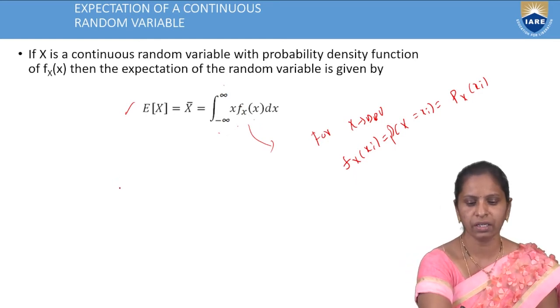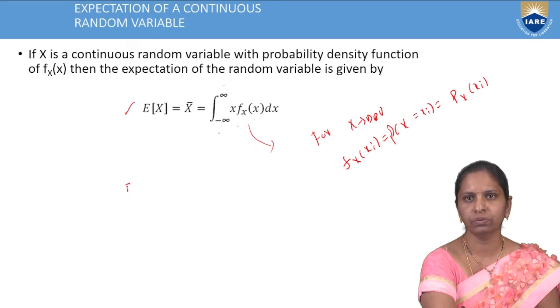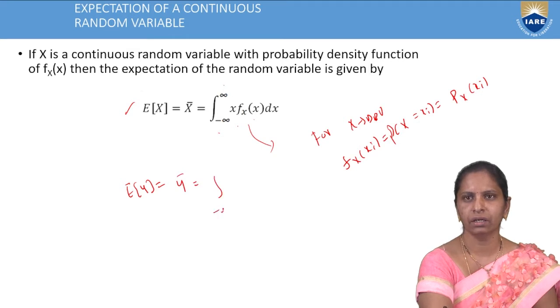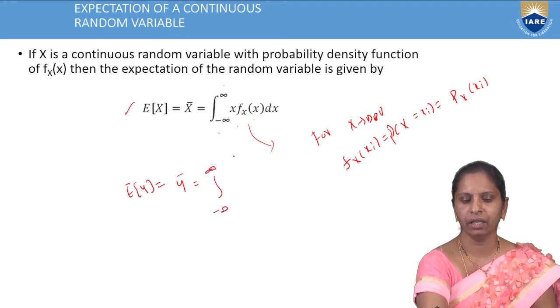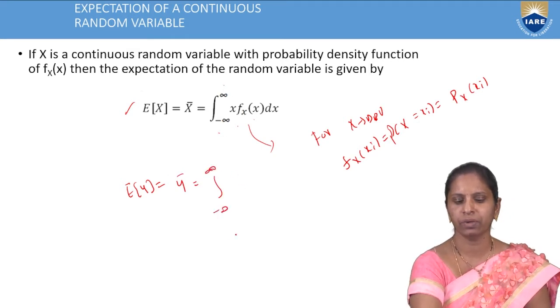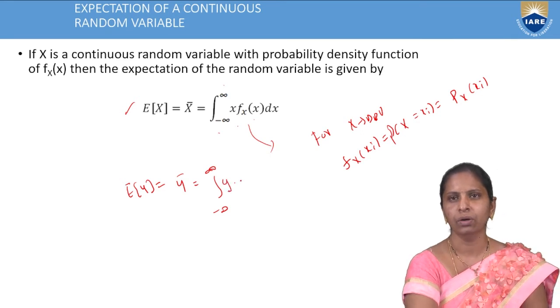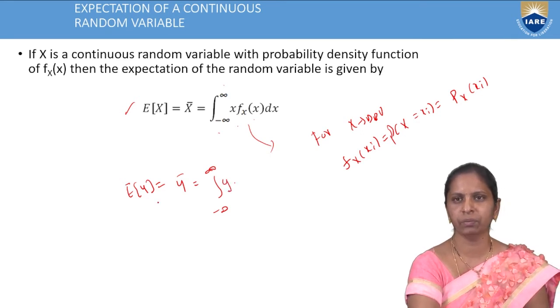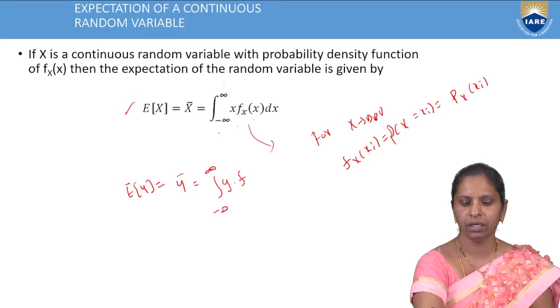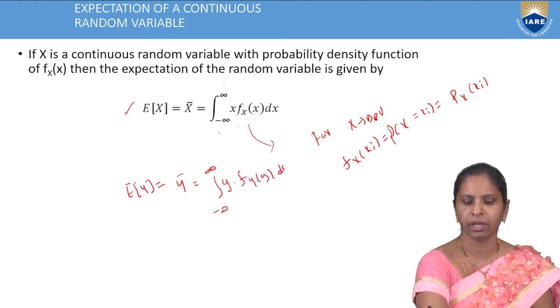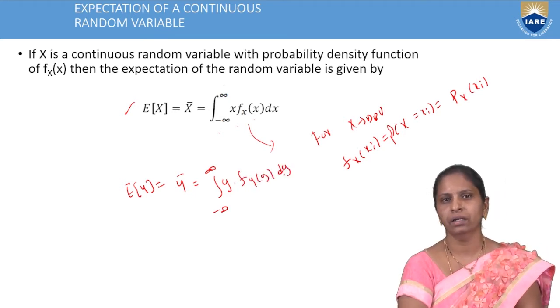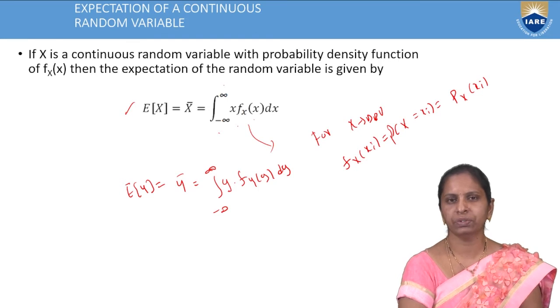Similarly, if I want to calculate the expected value of a random variable y, then what is my formula? Y bar is equal to the integration from minus infinity to infinity; in place of x, I have to use y. So y into what is the density function of the random variable y? It is nothing but fy of y dy. So like that, I can write down the formula for expectation of any random variable.